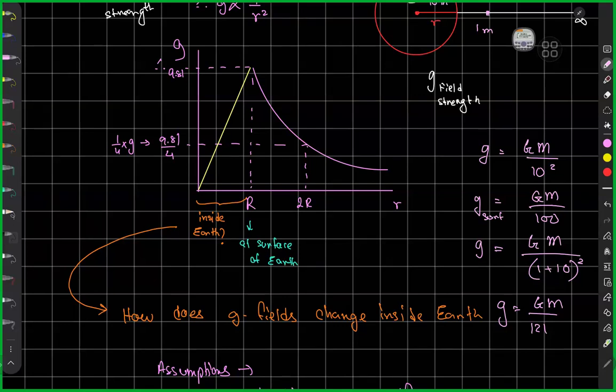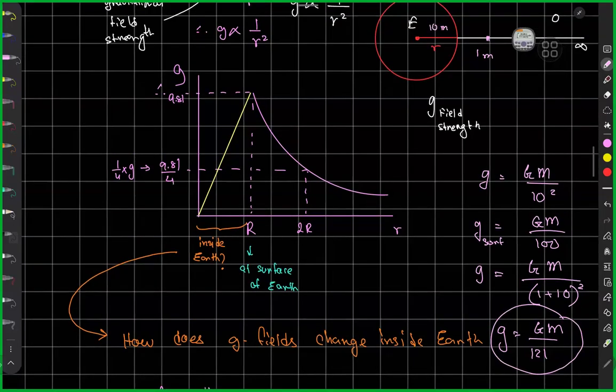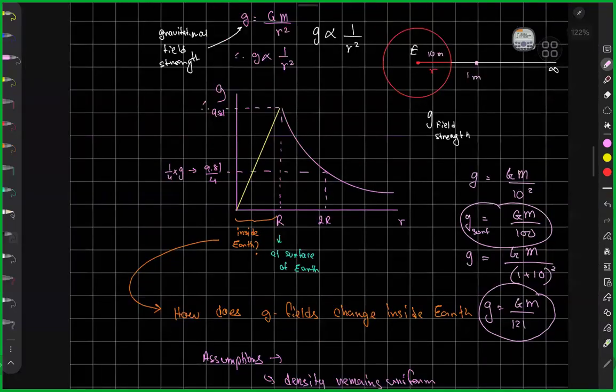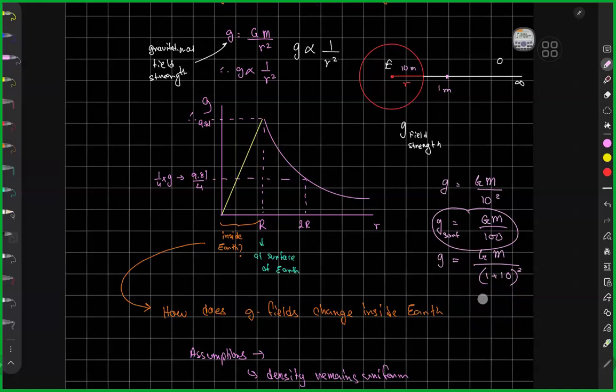Can we all agree on that? I just did the calculation. So this is the gravitational field strength when you move away from the Earth's surface, and this is the gravitational field strength when you're on the Earth's surface. What has changed? The gravitational field strength decreased.